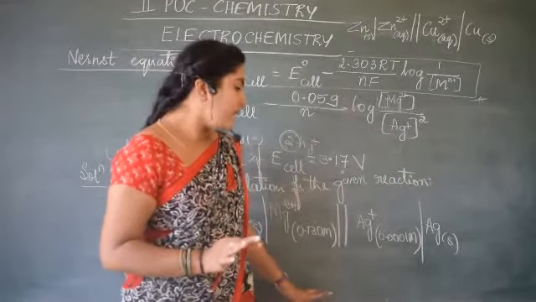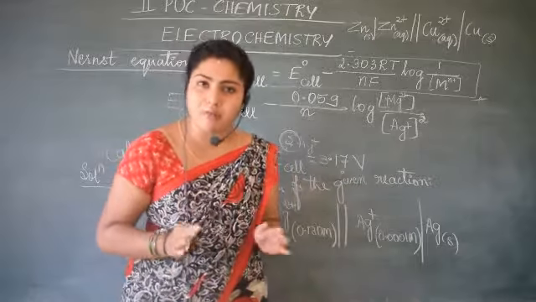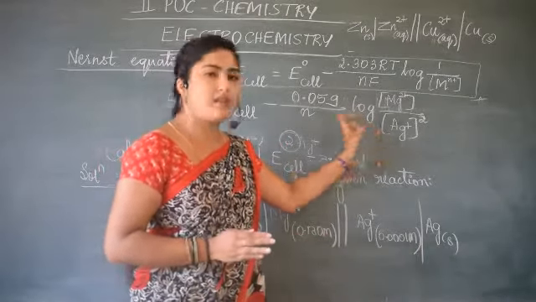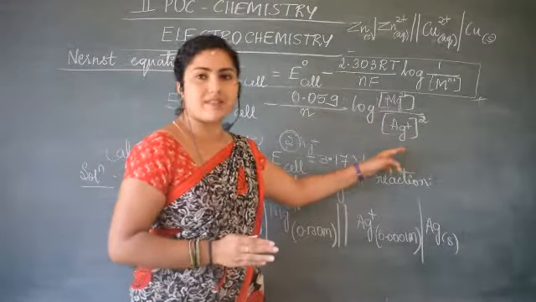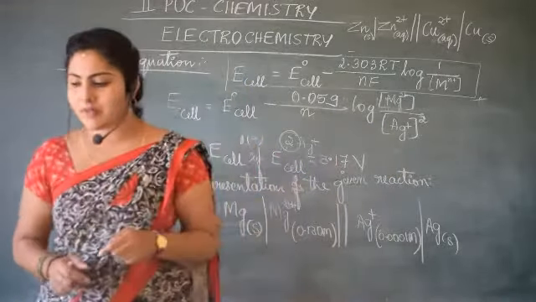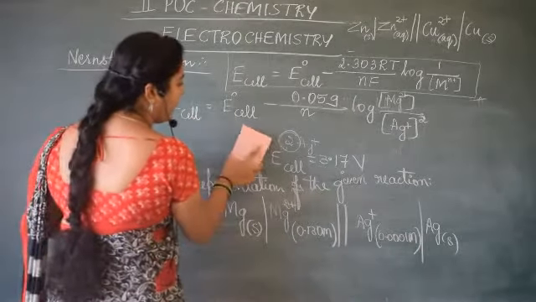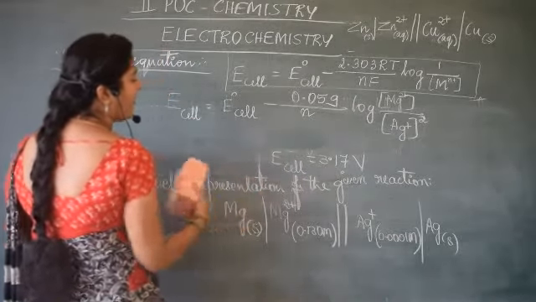Hope it is clear. In the cell representation we have not mentioned the stoichiometric coefficient, but when you substitute here, we will have to mention the stoichiometric coefficient as its power. Then here it is given E naught of cell is equal to 3.17.